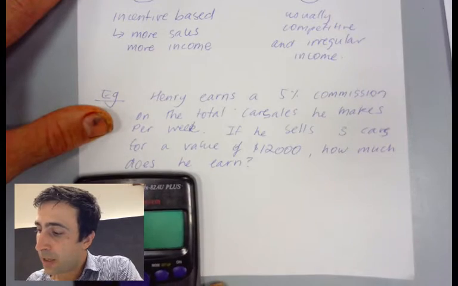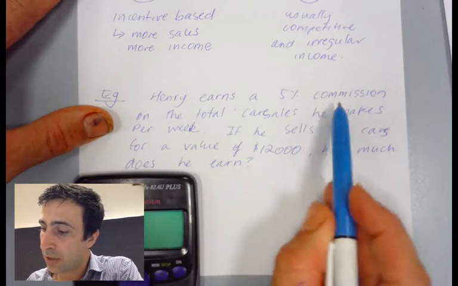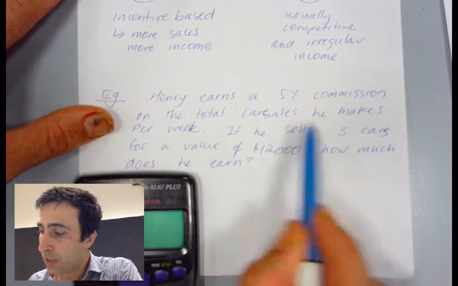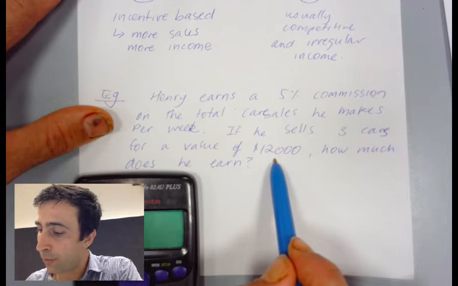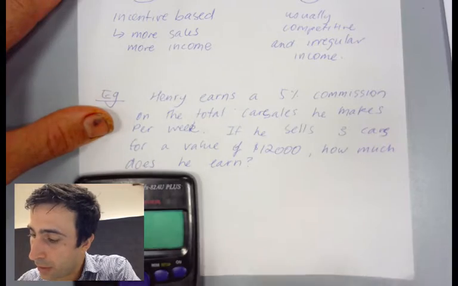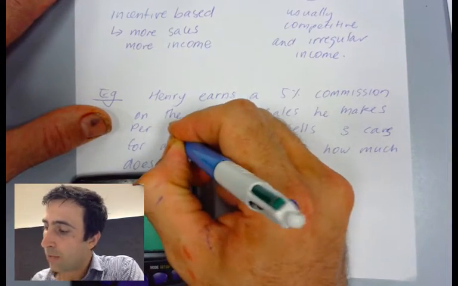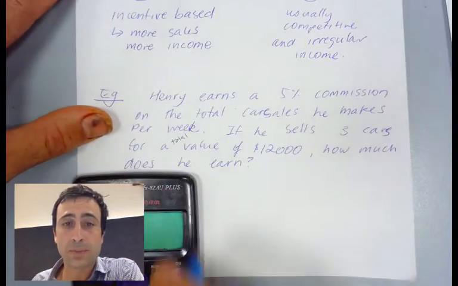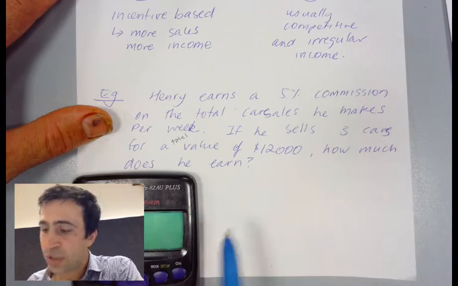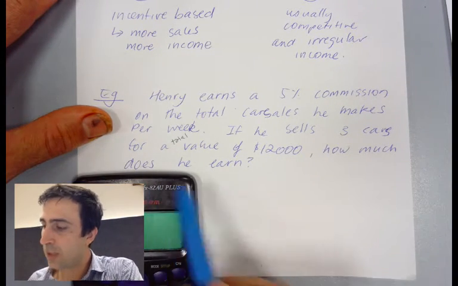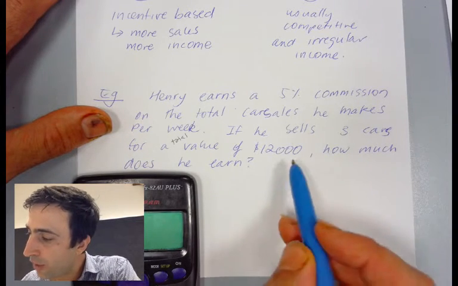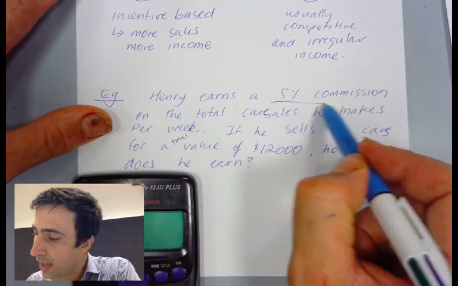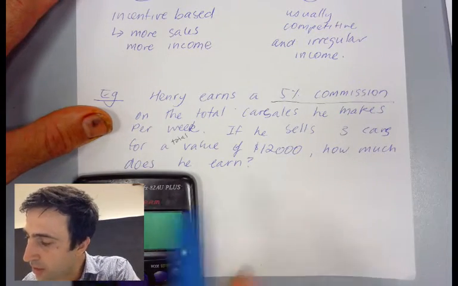Henry earns a 5% commission on the total car sales he makes per week. If he sells 3 cars for a total value of $12,000, how much does he earn? So this is basically all we're asking: for a 5% commission, and he sells a total value of $12,000.